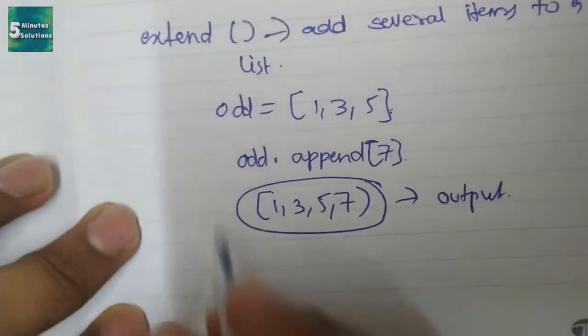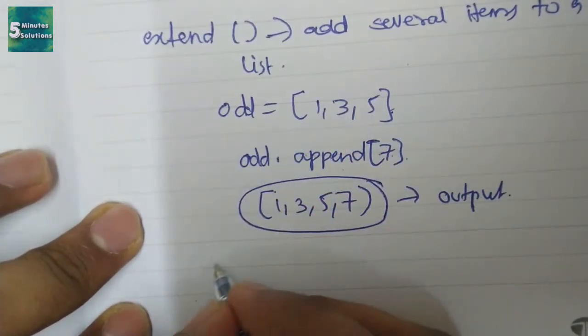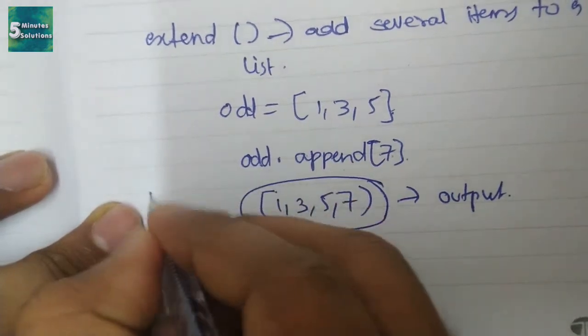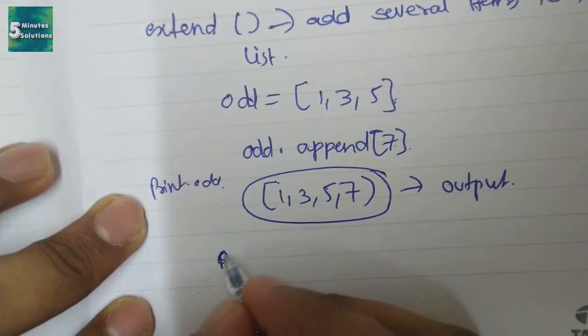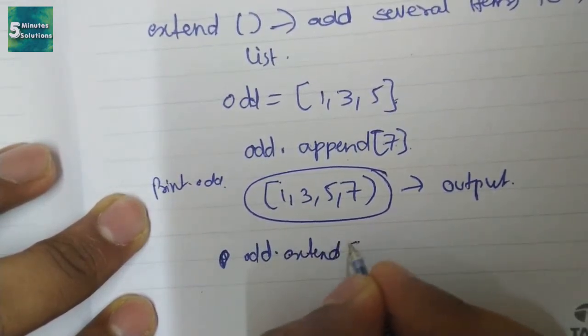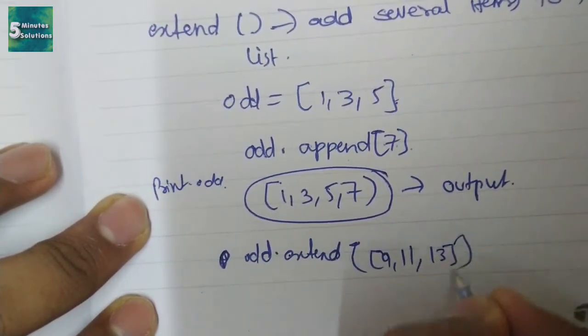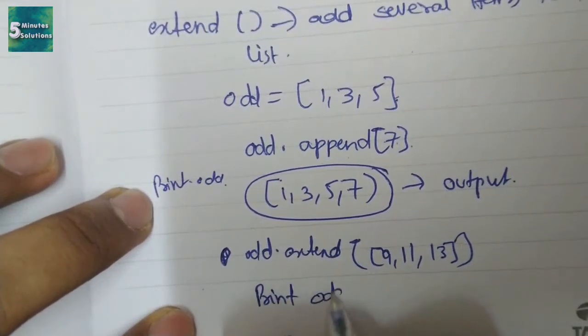Now let's use the extend function. Afterwards we have to print odd. Now odd dot extend 9, 11, 13, and write print odd in brackets.